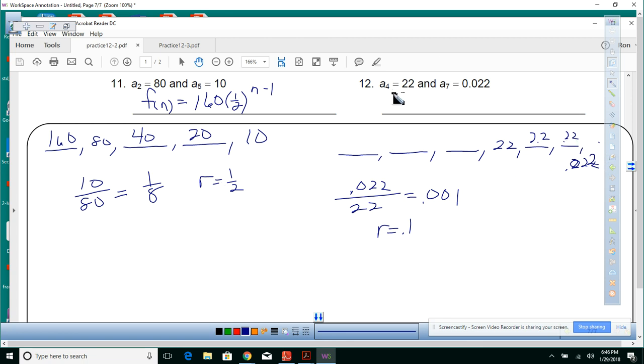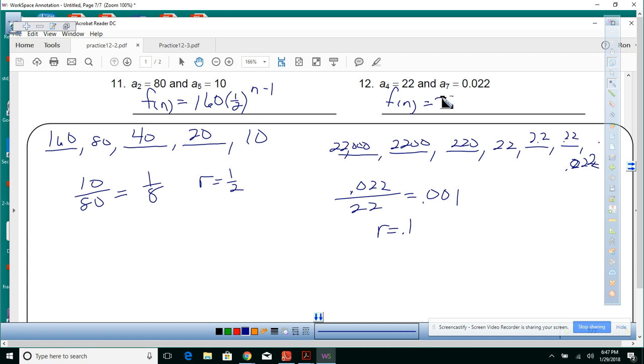So f of n, hold on, we don't have a sub 1. So what are we doing? Let's add, and then what do we got? That would be 220, and then let's see, then multiply that back. That would be 2,200, and that would be 22,000.